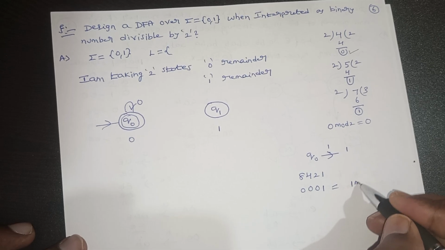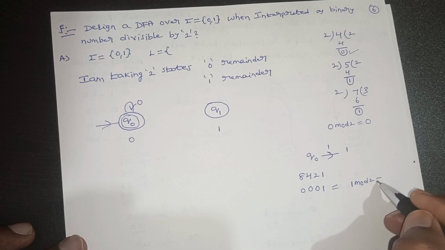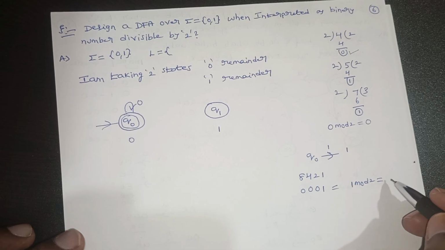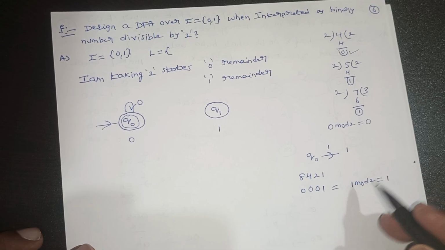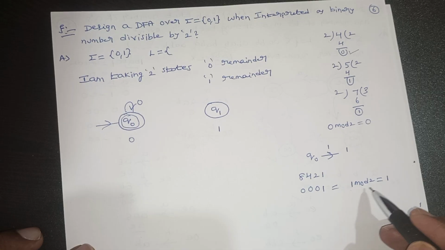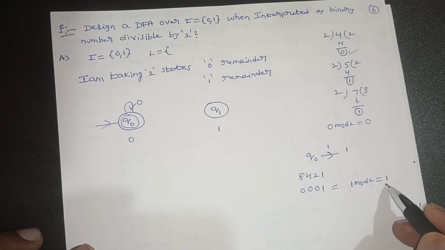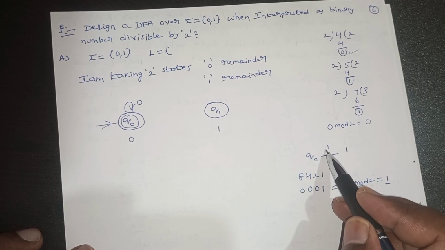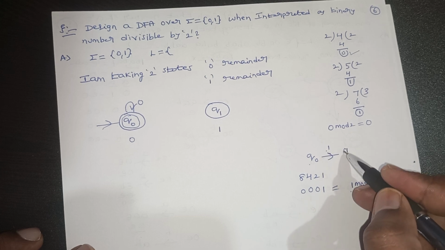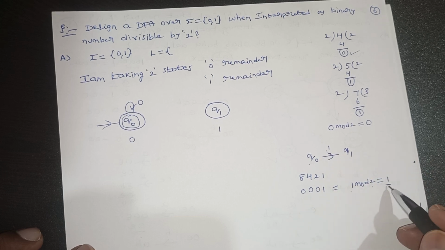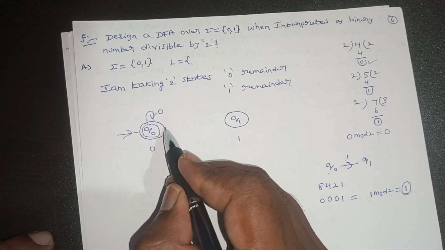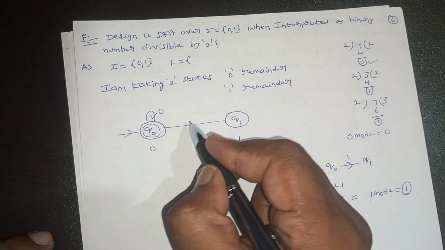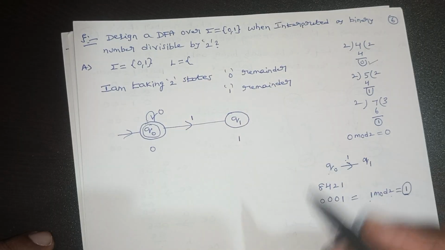When you divide with 2, 1 mod 2, what is the remainder? Remainder is 1. I told you, when you divide a small number by a big number, the small number is the answer. It means I am getting a remainder, so q0 on 1, I have to go to q1. Why? Because I am getting a remainder of 1.